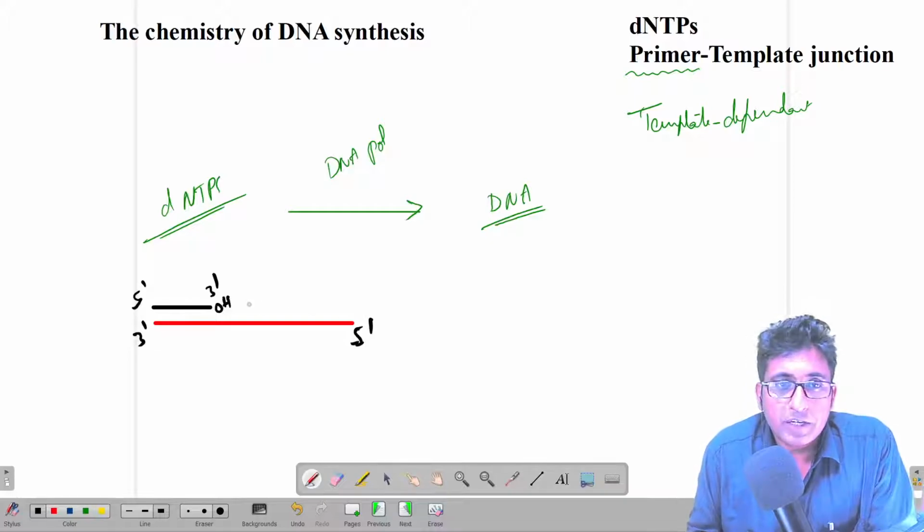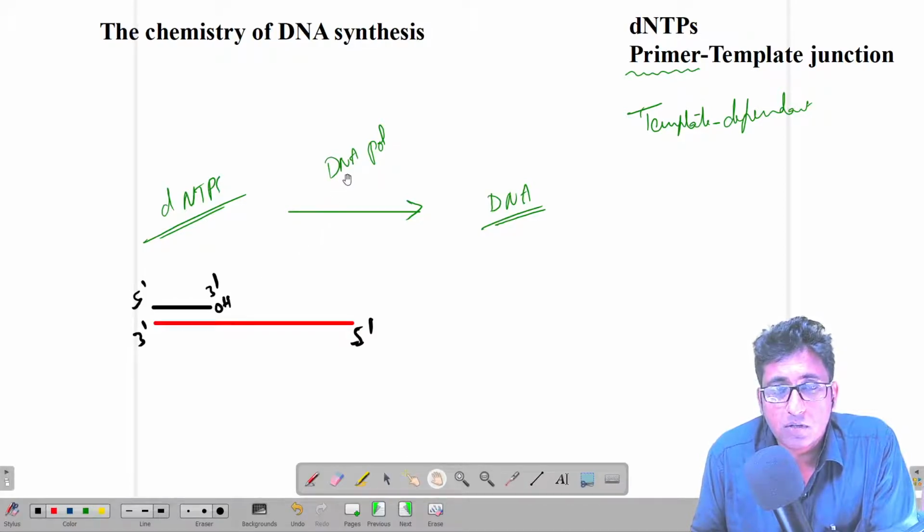DNA polymerase will bind here to this place. This region is called the primer-template junction, and this is essential. All DNA polymerase can do is add more and more bases based on the sequence that is present here.